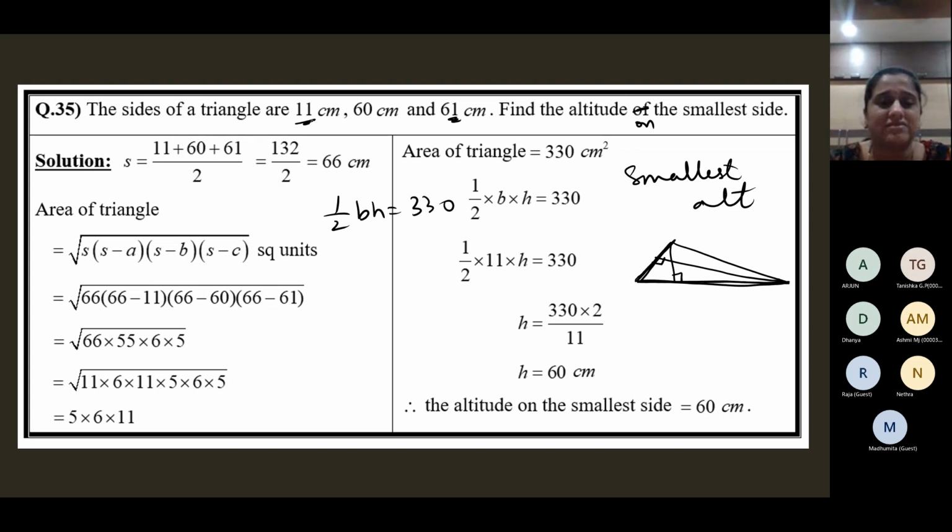So if you take the base as 11 centimeters, the smallest side, this is the longest altitude of the triangle. If you take 61 centimeters, the longest side, as the base, that will give you the shortest altitude of the triangle.